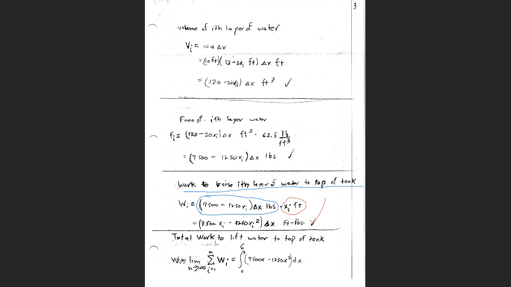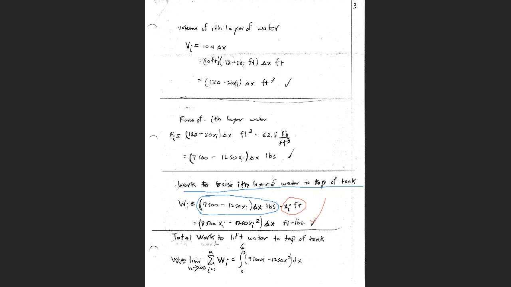Question, yes. Xi feet is what? Xi feet is the distance that the ith layer of water has to be moved to the top of the tank. Once the ith layer of water is moved to the top of the tank, it's pumped out, and there's no more work for that layer. When you pump the water out of the tank, I have to be a little careful because you do have volume also here.